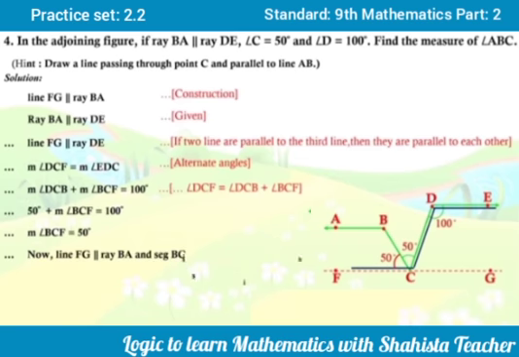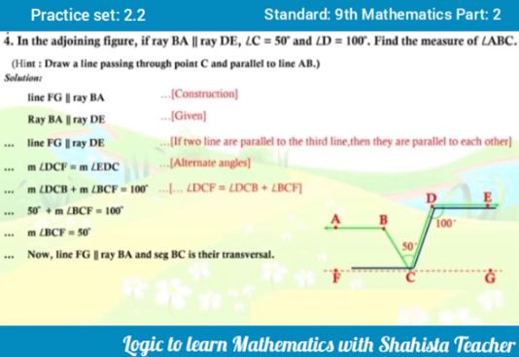Now line FG is parallel to ray BA and segment BC is their transversal. You can see segment BC is the transversal of the parallel line FG and ray BA. See this purple color line, they are both parallel lines, and this green color BC is a transversal line.